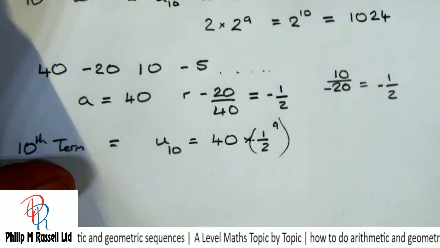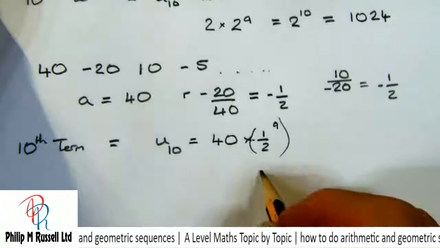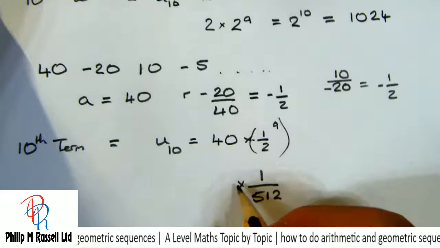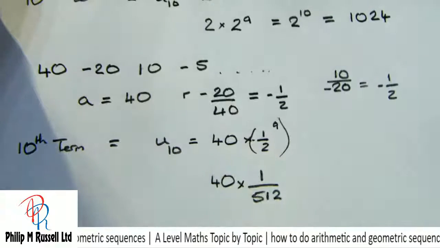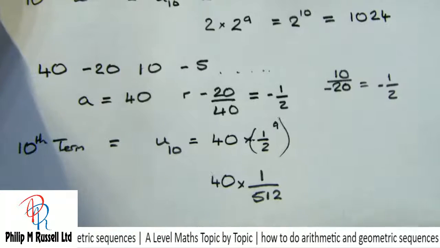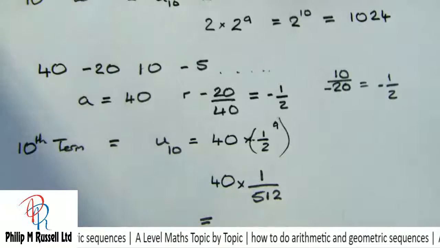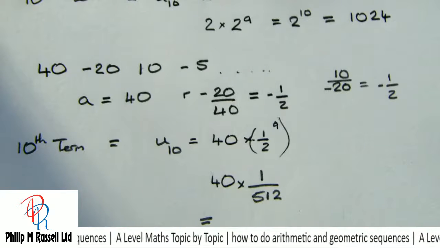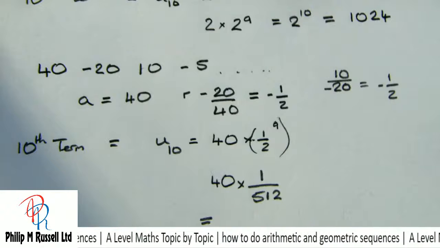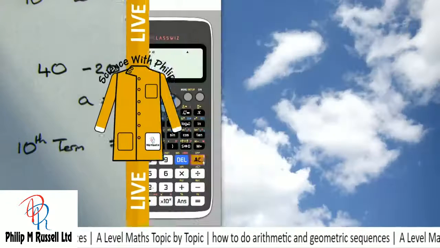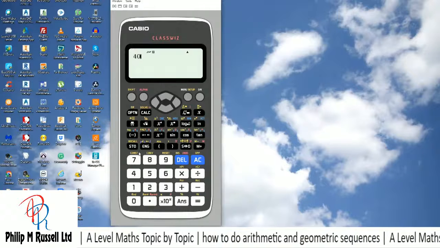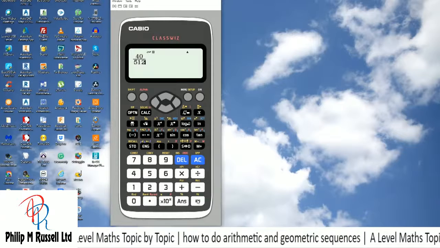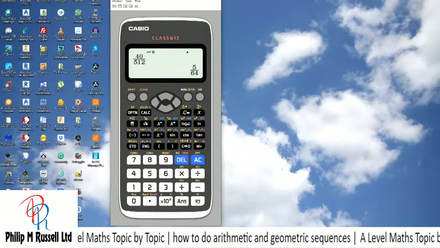That's going to be 1 over 512, times 40. And so that's going to give me 40 over 512. And for ease, I'm going to work that out. 40 over 512, and I reckon that gives me, yes, 5 over 64.